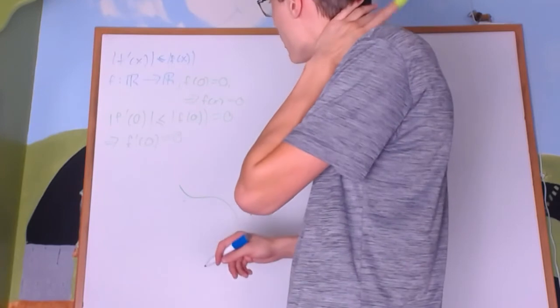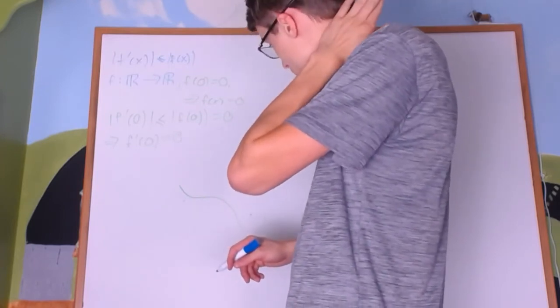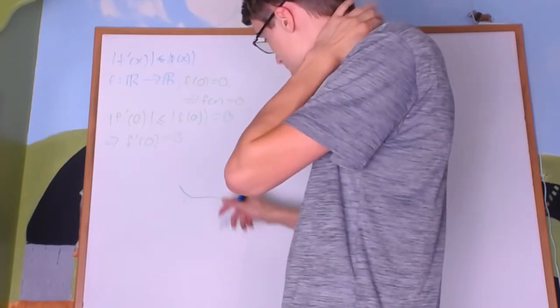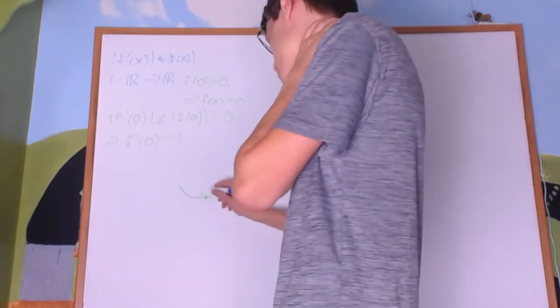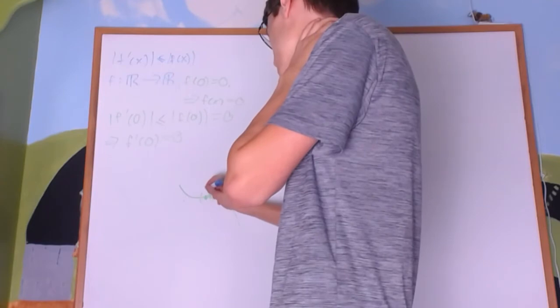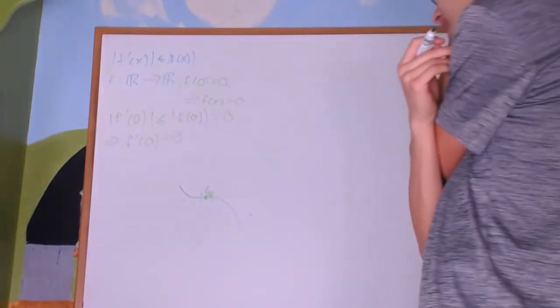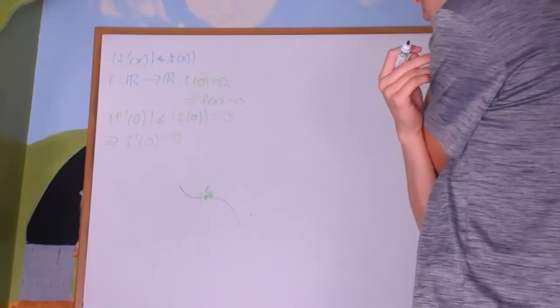And so now all I have to do is prove that I can pick an interval around it, like an epsilon ball. Alright, and I'll prove that it has to be 0 elsewhere in that epsilon ball.